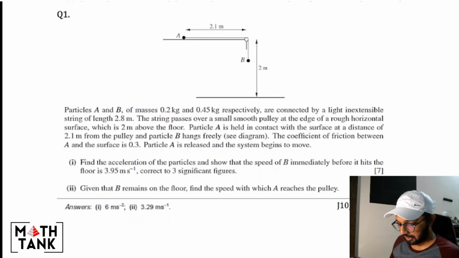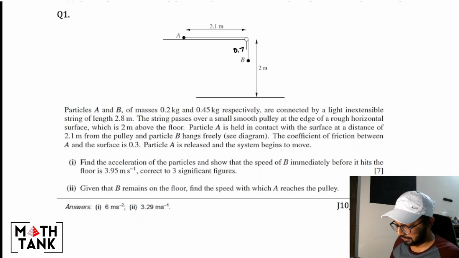Okay, the first question says particle A and B of masses 0.2 and 0.45 kgs respectively are connected by a light inextensible string of length 2.8. The length is important, so I'm going to write down a 0.7 here just to indicate that the length is 2.8.